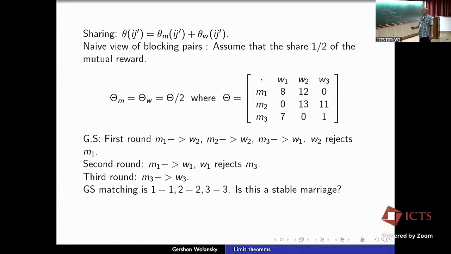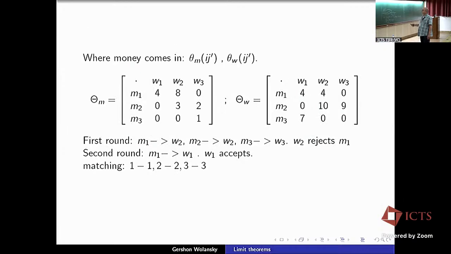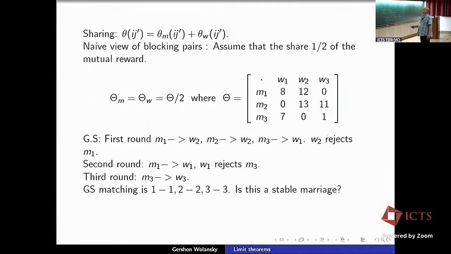So each one of them will get half of the mutual reward. In this case, man 1 and woman 1 will get 8 because they have 4 plus 4, and so on for the others.